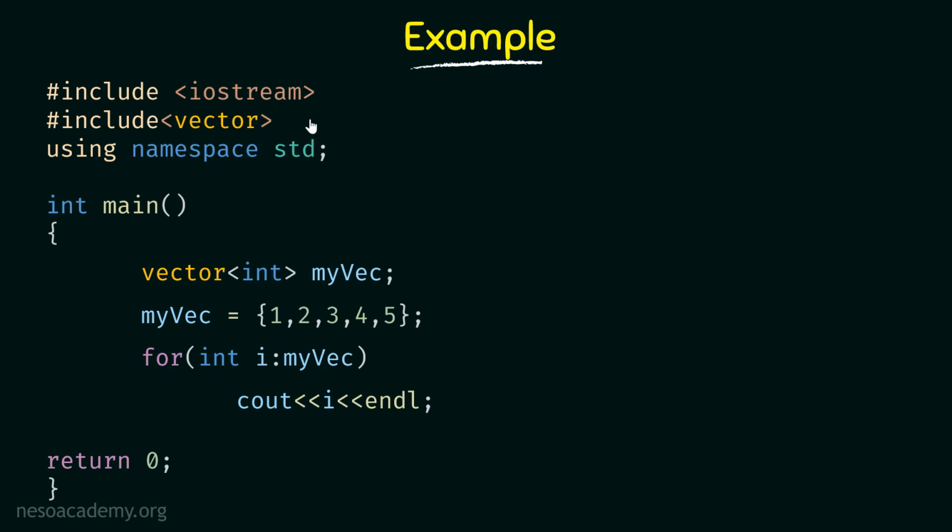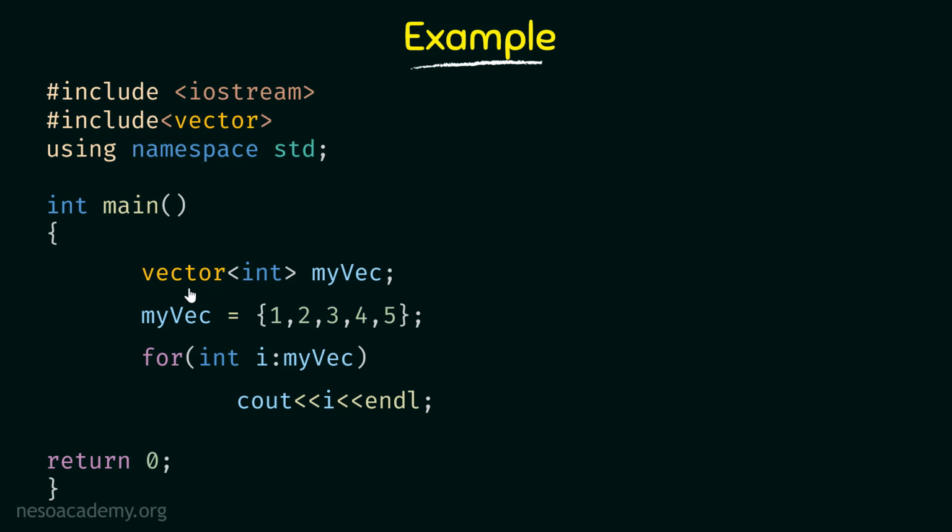So in this example, here is a complete program that makes use of vectors. As you can see, we include the usual header that we have, iostream, and then it is very important to include the vector header. Don't forget this. And you can also include the vector library namespace that I showed you, or if you are just using namespace std, that would be enough. And here in the main function, we are declaring that vector that I showed you in the example in the previous slide, vector, and it is of the type integer.